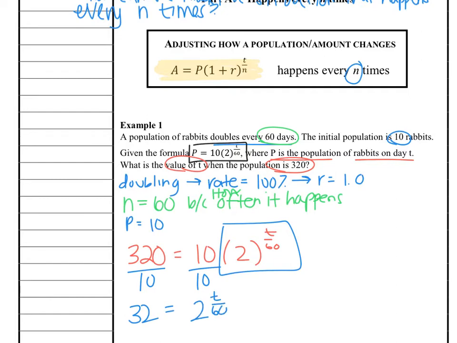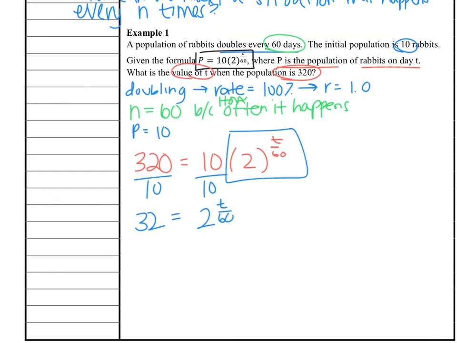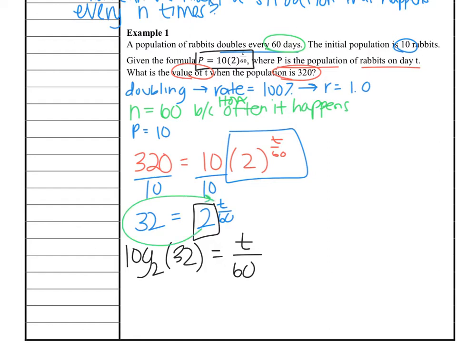Now we're just going to apply those log rules that we've been using for a while now, and we're going to say that this is going to be log. This is my base of 2, so base stays base, and switch the other 2. So log base 2 of 32 equals t over 60. And if you're thinking about the loop method, you would just loop in this direction because the equal sign is to the left.